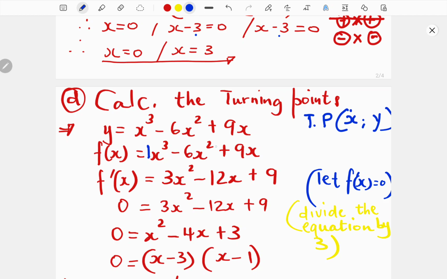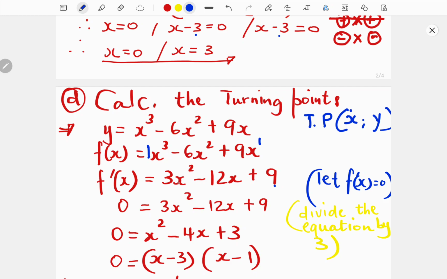So 6 times 2 is 12, x to the power 2 minus 1, which is the same as x to the power 1. Then this one was 9x to the power of 1. 9 times 1 is 9, x to the power 1 minus 1, which means x to the power 0. But now the derivative remains as 9. The derivative of 9x to the power 1 is 9.